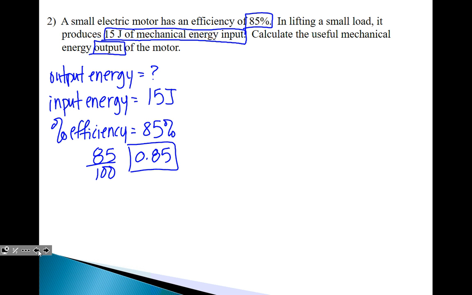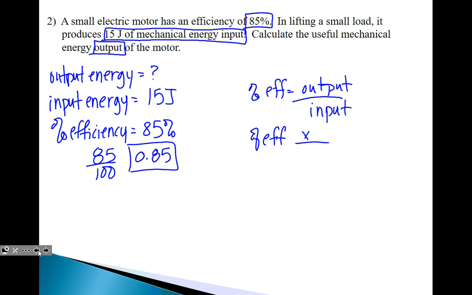So we know that if we rearrange our formula, right? We have percent efficiency is equal to output over input. And we are looking for, I'm just doing this really slowly, x over input, because we are looking for x, right?